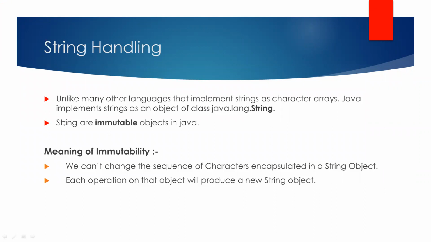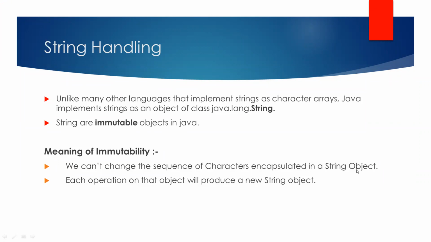And the second point is very important. Strings are immutable objects in Java. Immutable means we cannot change the sequence of the characters encapsulated in a string object.